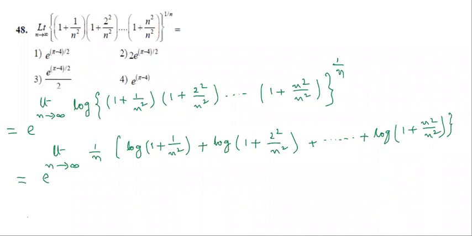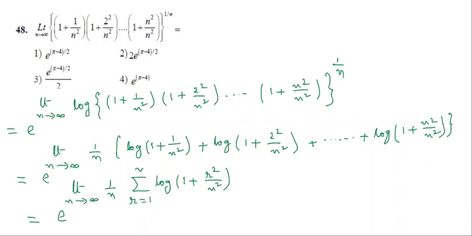Now this is written in short form: e power limit n tends to infinity 1 by n sigma logarithm of 1 plus r square by n square, r equal to 1 to n.